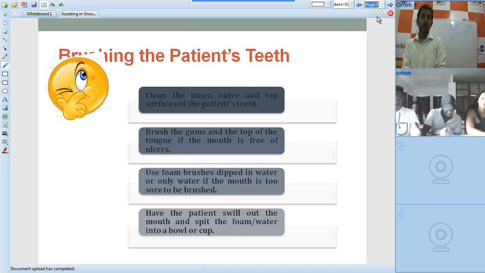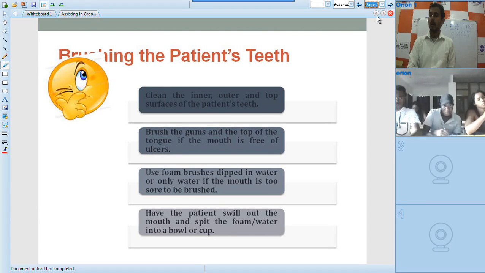And give water to the patient so they can properly spit the foam and water in the bowl or cup. So the cleanliness of the mouth must be maintained by providing proper water while brushing the patient.